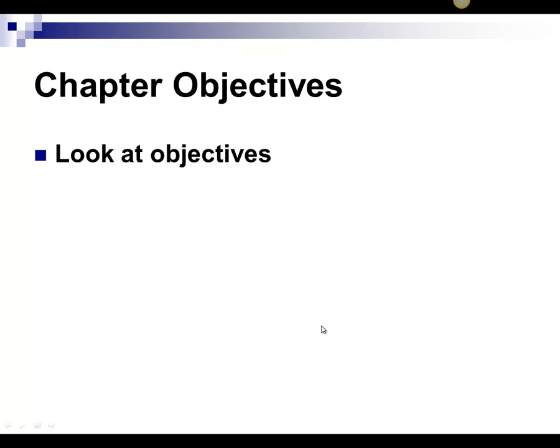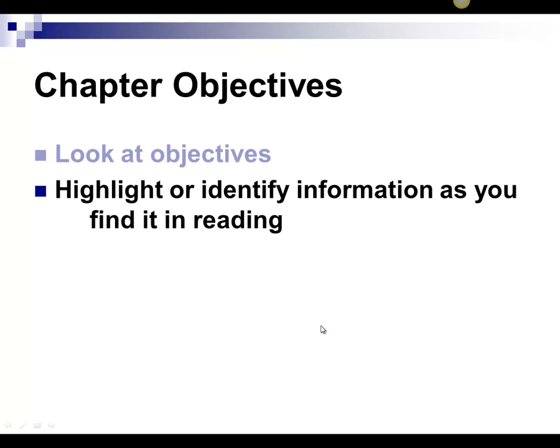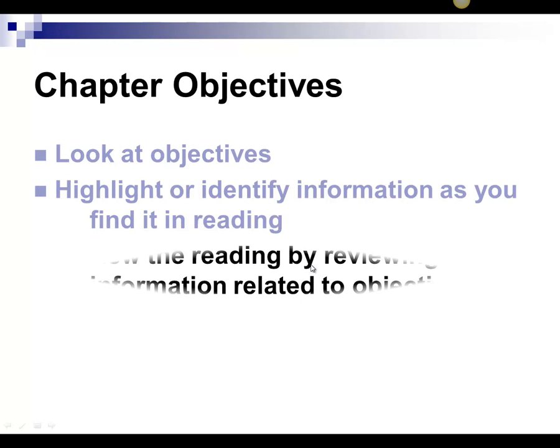So again, take a look at those unit objectives. Highlight and identify information as you find it in the reading that relates to those chapter objectives, and that it should be organized in the same order that those objectives are presented at the beginning of the chapter. As you proceed through the chapter, it should identify and match up to the chapter objectives.